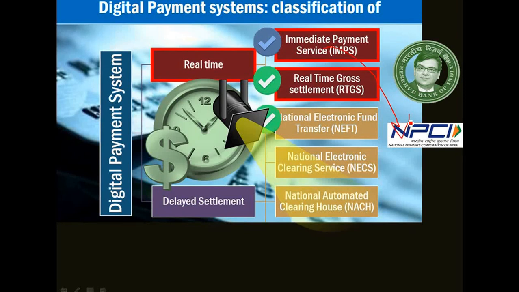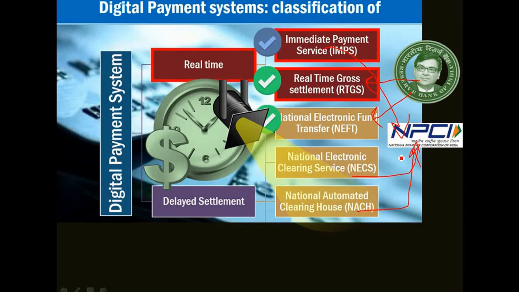Now, who developed what kind of service? Looking again at the classification, IMPS is developed by the NPCI, the National Payments Corporation, and RTGS is developed by the RBI.